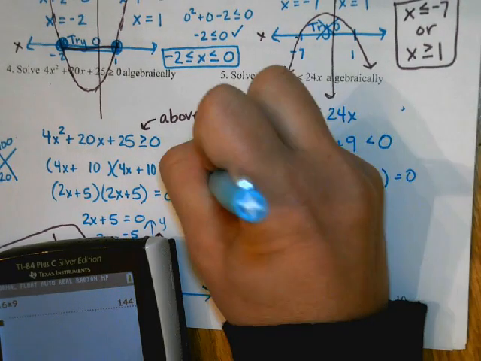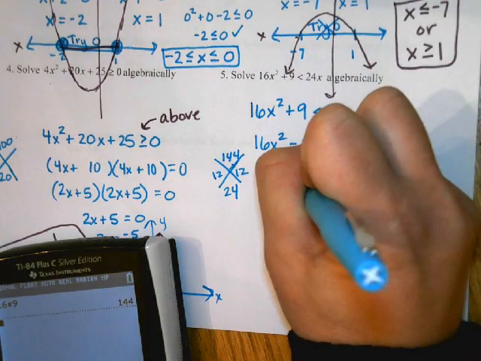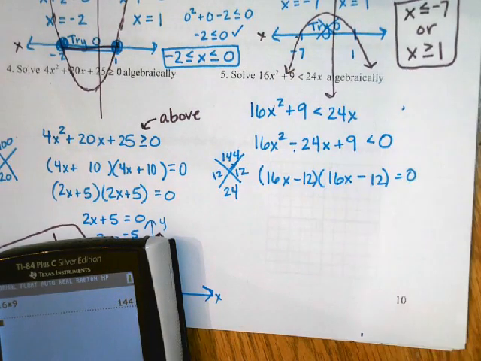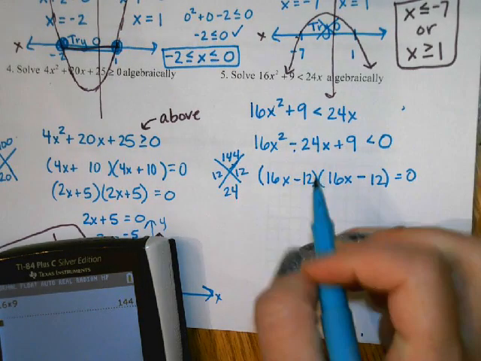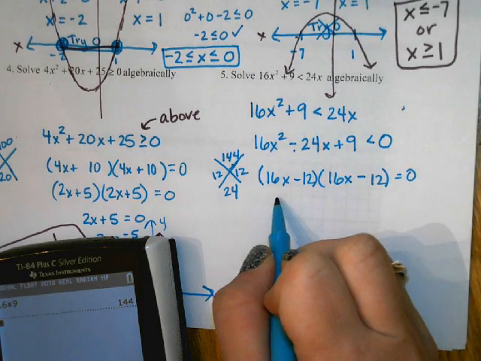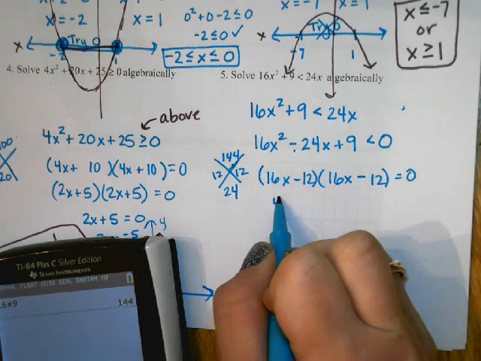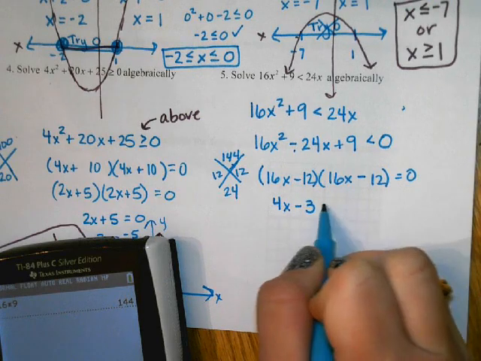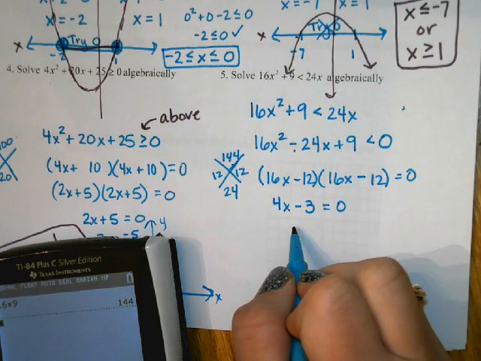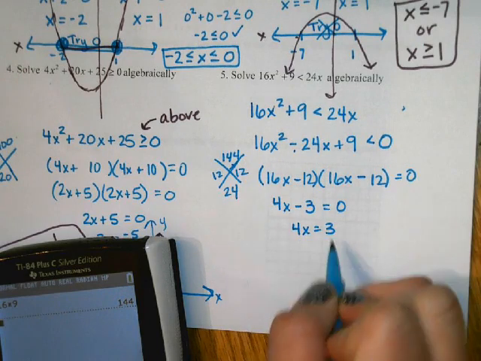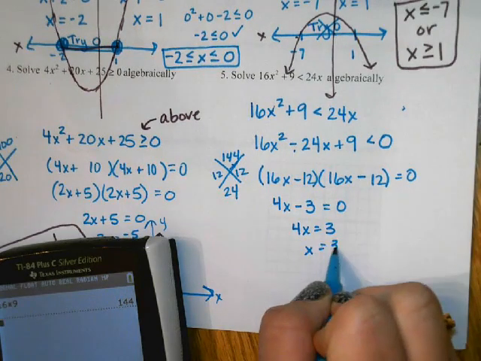Awesome, thank you. Again, we got another double root. So again, the vertex is sitting on my x-axis. Okay, I'm going to trash a 4, so I get 4x minus 3. So 4x equals 3. So x equals 3/4.